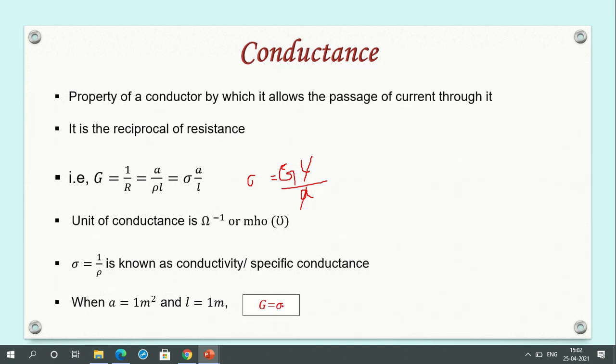So we can define sigma, the conductivity, as the conductance of a material having unit length and unit area of cross section. The conductivity of a material is its conductance when we consider a part of that conductor having 1 meter length and 1 meter square area.